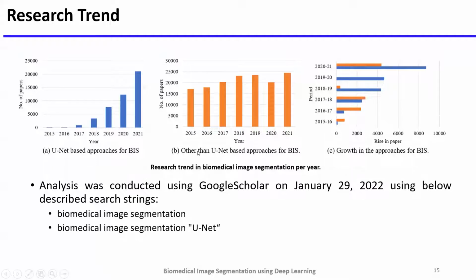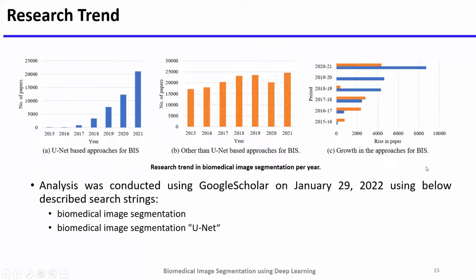Similarly, if we see the research other than U-Net based approaches for biomedical image segmentation, although they are having a consistent representation, while comparing these two growth rates in terms of biomedical image segmentation, there are more papers available when we especially focus on recent years like 2020 and 2021.